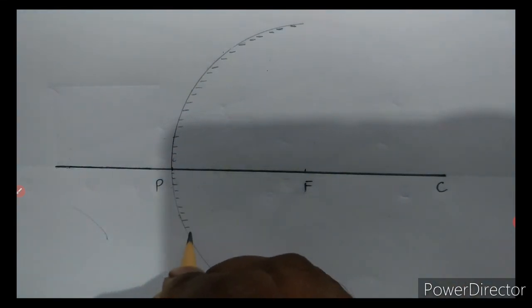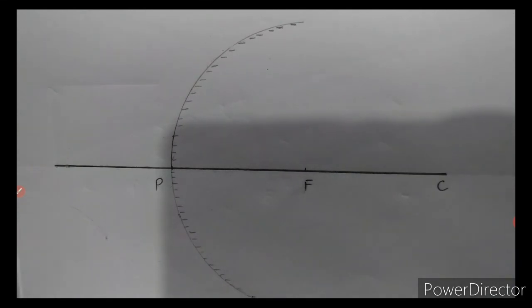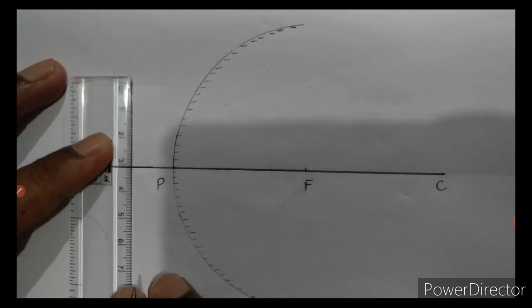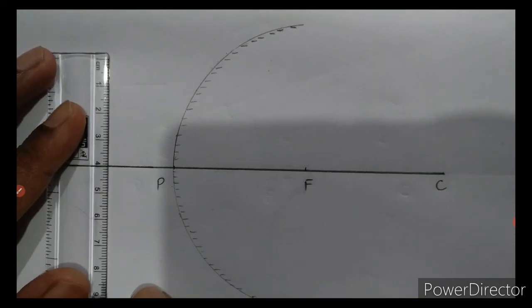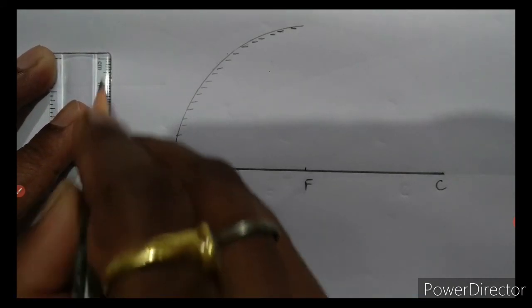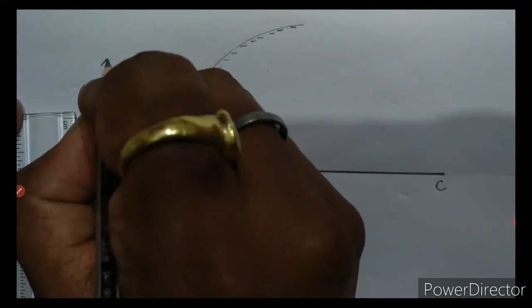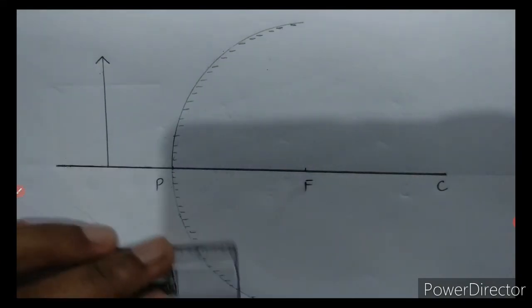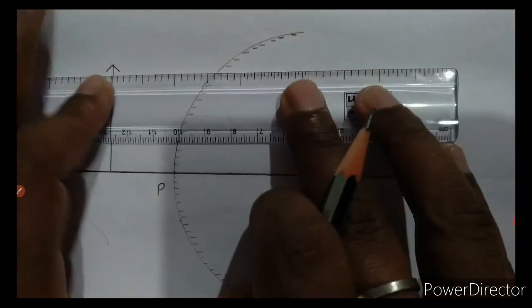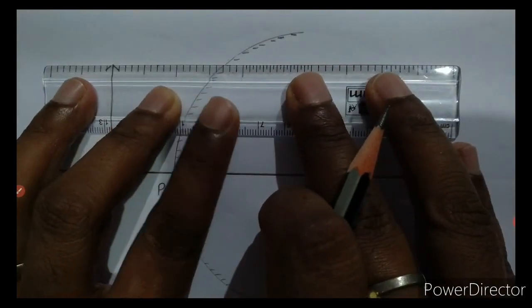The rays should come from the left hand side, always keep your rays on the left hand side. While doing sign convention it is very important that the rays come from the left hand side and the mirror is kept on the right hand side. So this is my object placed on the principal axis, and the incident rays are coming from the left hand side to the right hand side.